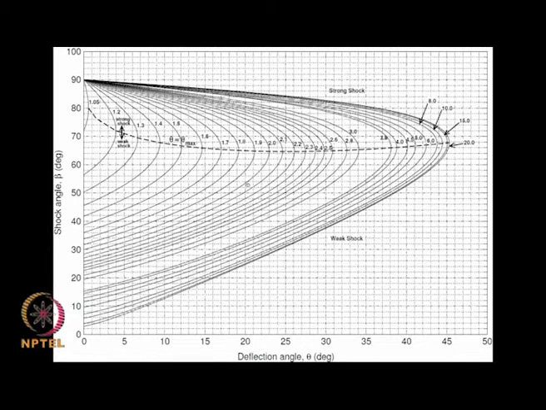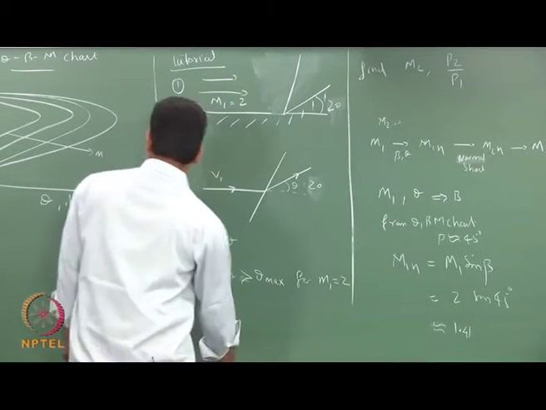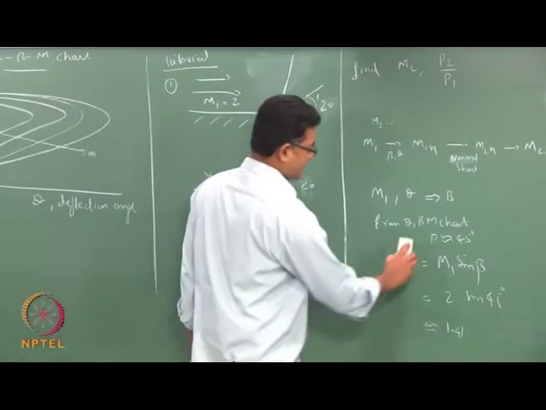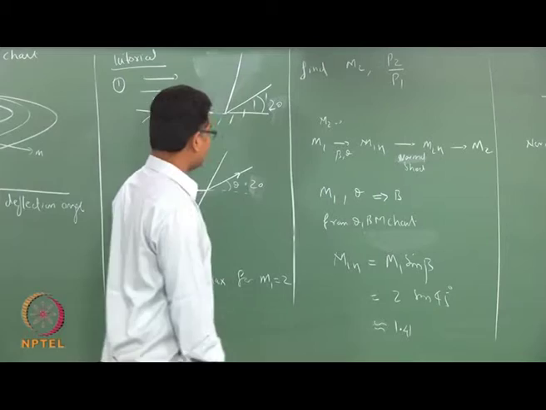here, 51, 52 degrees, 54 degrees, around 54 degrees. So, we look for this particular line which intersects the Mach 2 line.